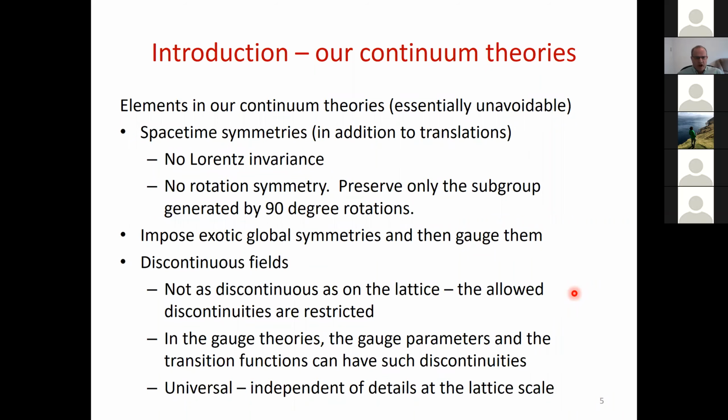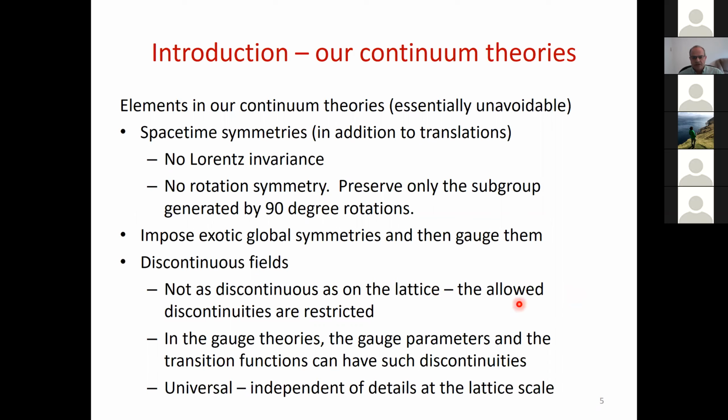And we're not experts in analysis, and we might have not been careful enough, but I feel that this is essentially unavoidable. In fact, if we would like to present a system that has these charges that vary discontinuously, we must allow discontinuous fields.